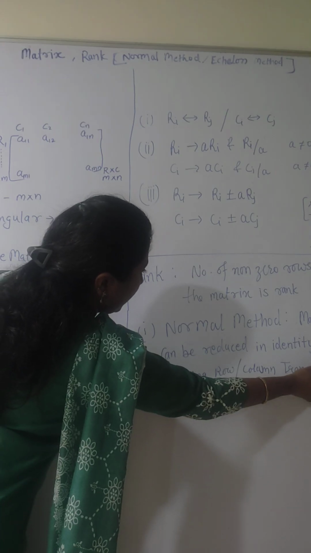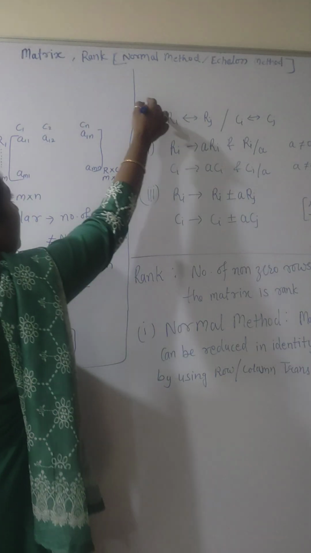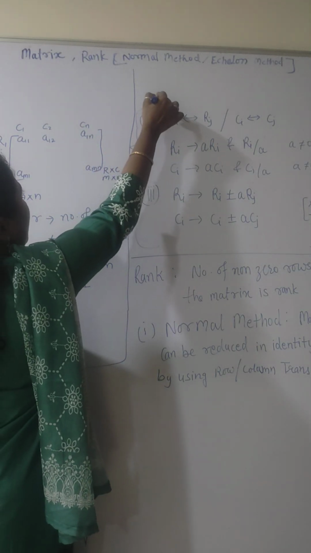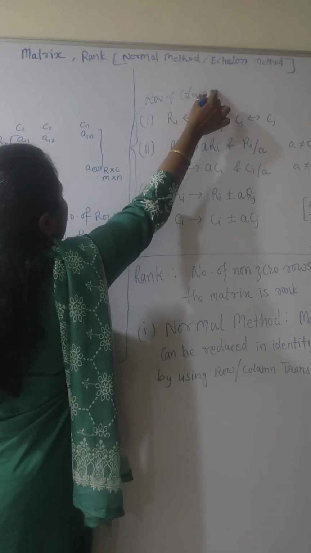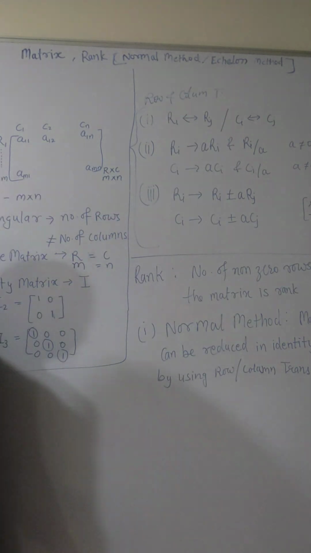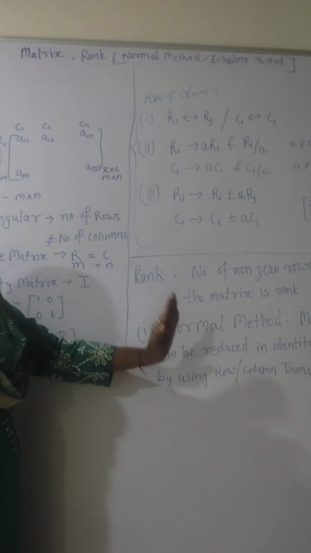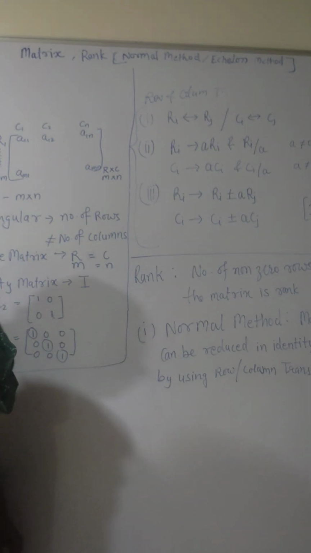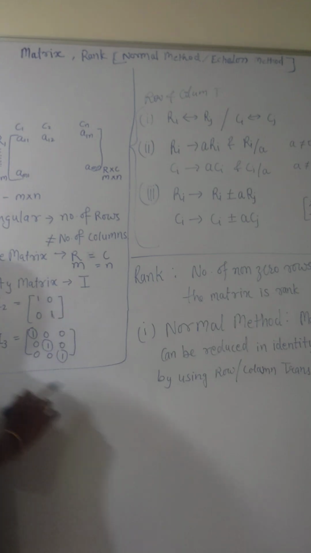What are row or column transformations? These are the row and column transformations, and we can apply either one for finding the rank of the matrix. Now, how can we find the rank of a matrix? By taking a simple example.